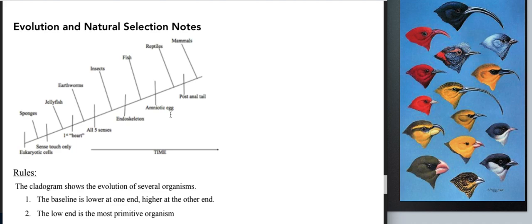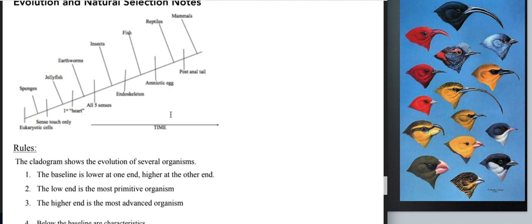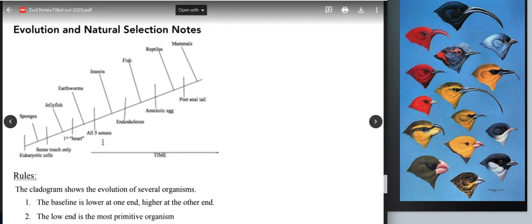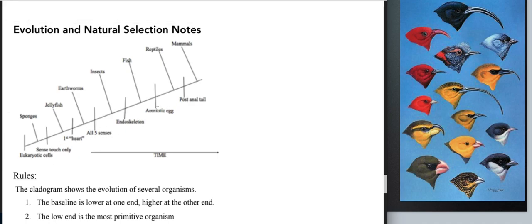And so reptiles lay an egg like birds do, except the reptile eggs have leather around the outside and they don't sit on their eggs, whereas birds do. Okay. Now, do you even have to know what all these things are? You may not know what an amniotic egg is. It doesn't matter. You can still answer the question.